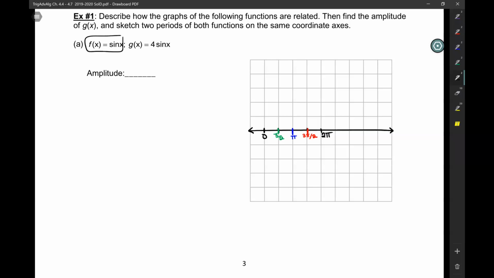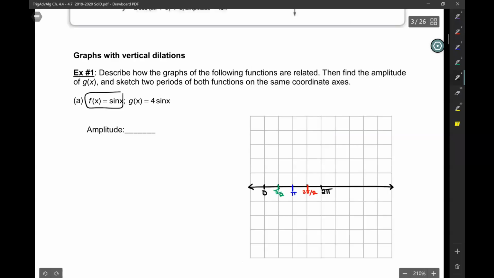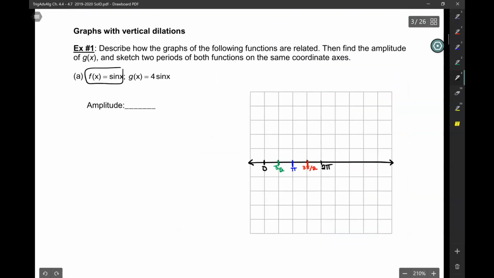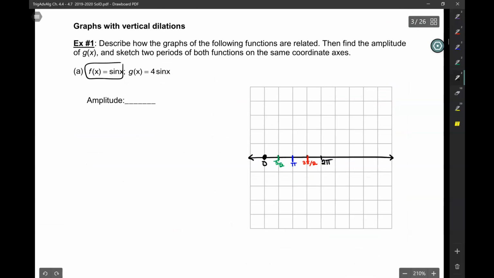Now, if I'm going to graph the sine function, the first thing I have to remember is the first point. Is it on the axis or is it above or below the axis? The first point is on the axis. So I put my first point on the axis. Then I go up 1, 0, down 1, 0.